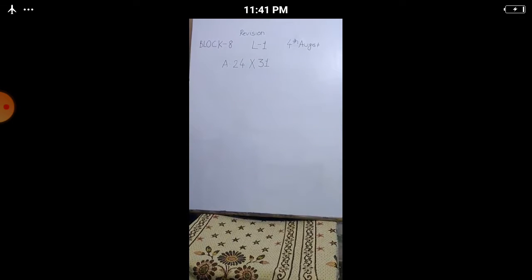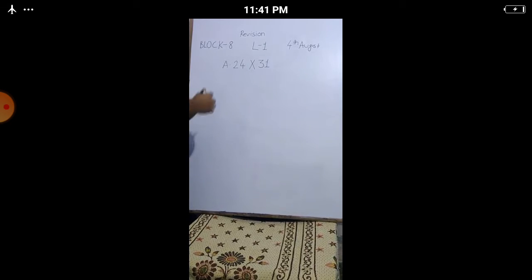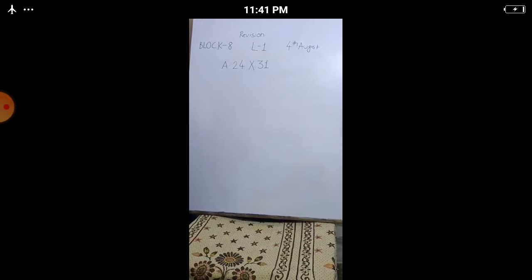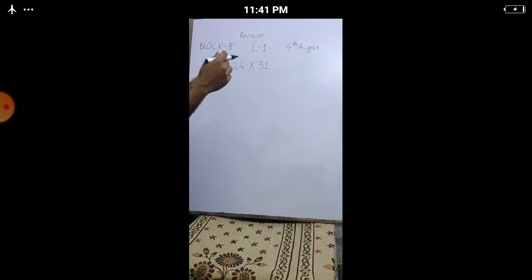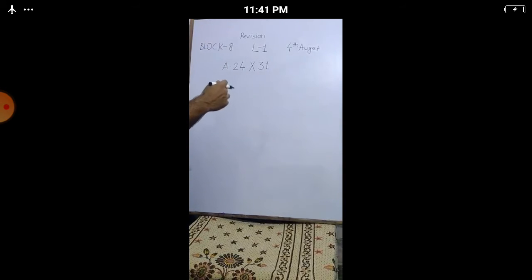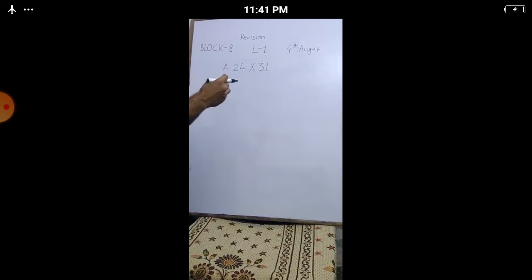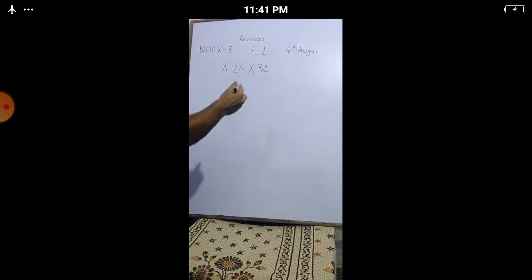From today we are going to start block 8, revision of lesson 1. My first question was, how do we make a table with 2 columns and 2 rows? We can make a box and divide it into 2 parts, vertically and horizontally.